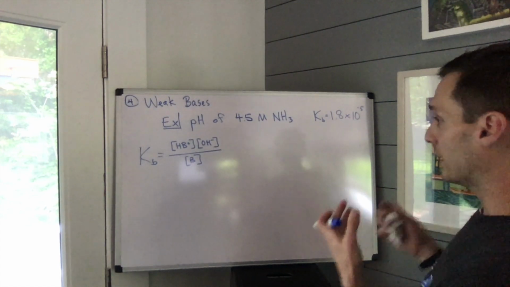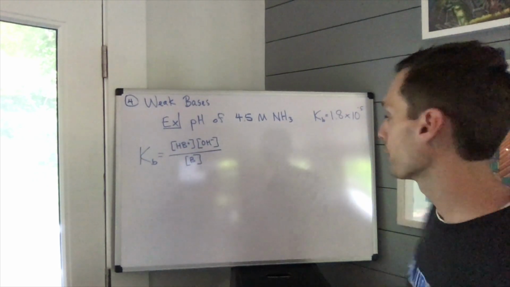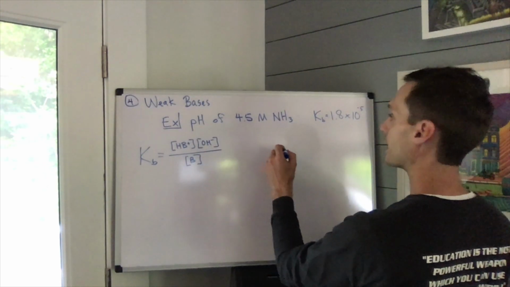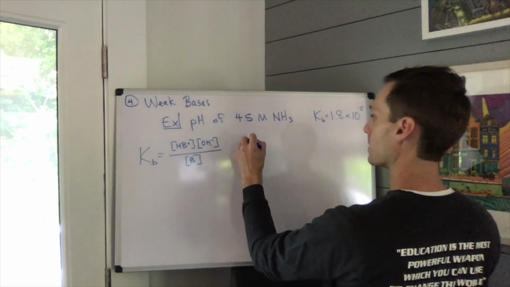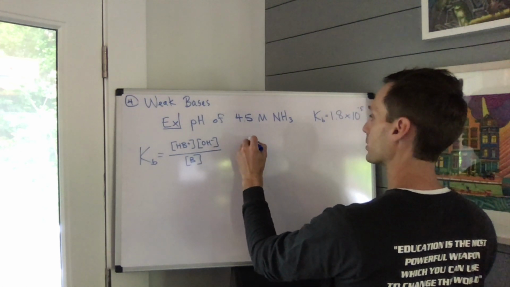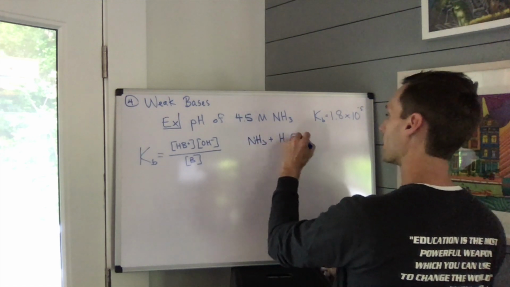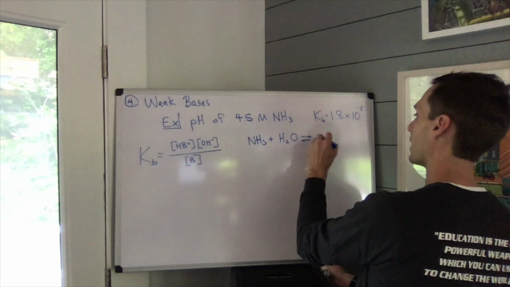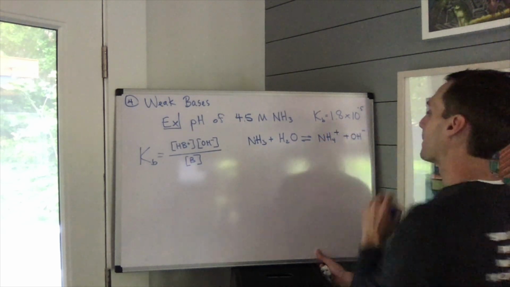Now, in order to do this, we're going to have to get these concentrations at equilibrium. So again, we're going to set up an ICE table, which will describe this reaction of NH3 in water going to NH4 plus and OH minus.